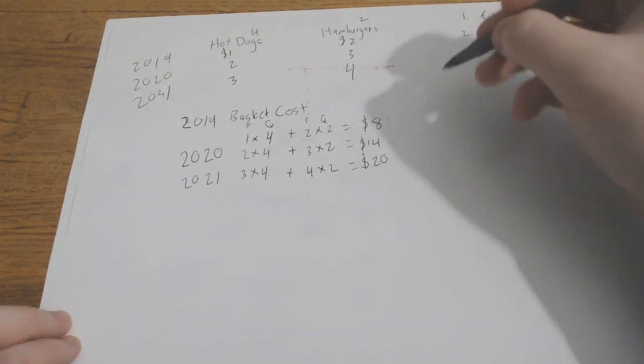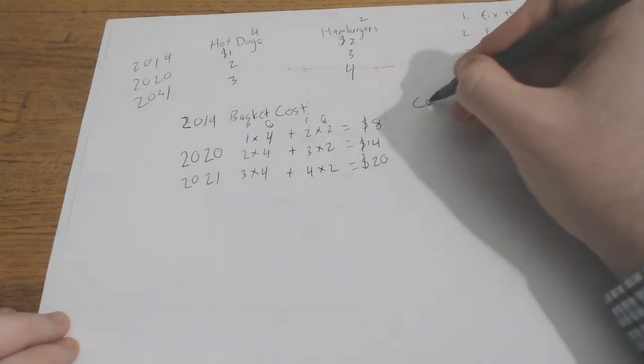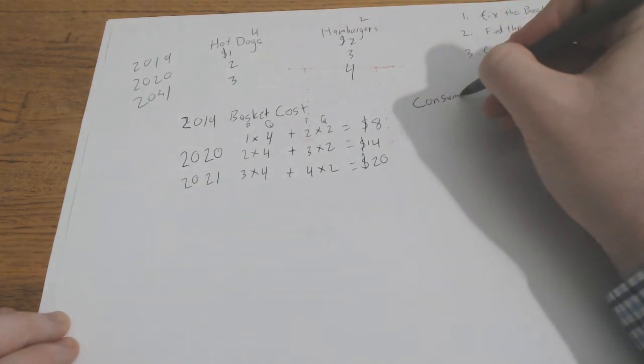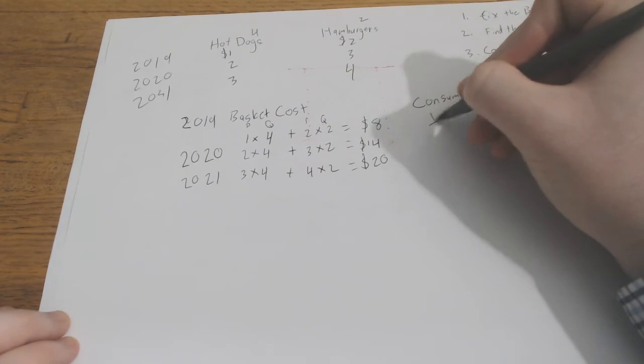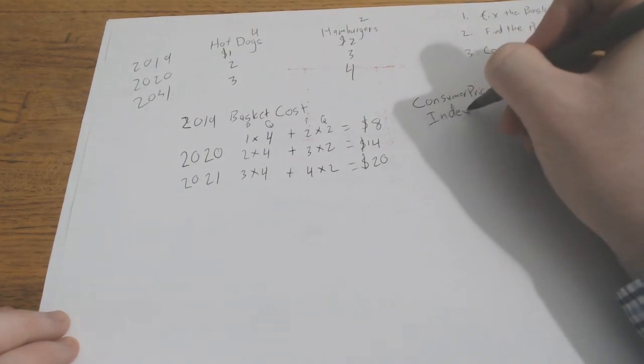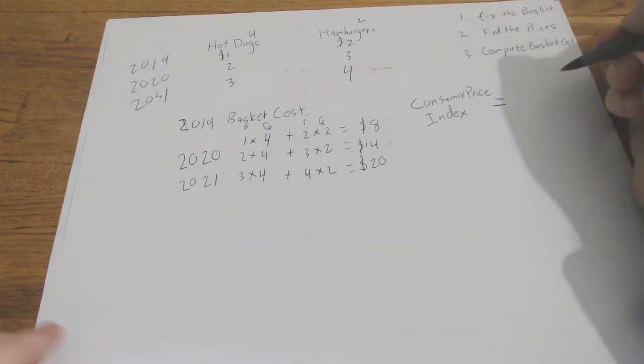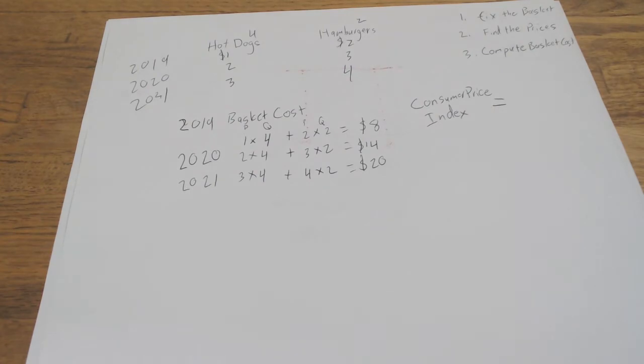So let's write the equation. We have consumer price index is equal to the price of the basket of goods and services in the current year over the price of the basket in the base year.